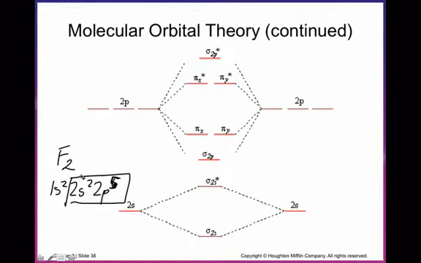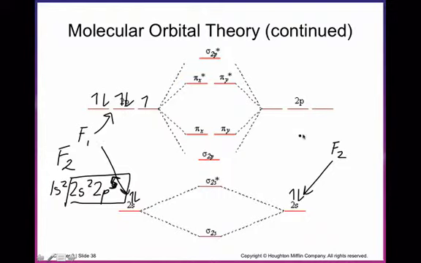So we know in the 2s, each fluorine, so this is like fluorine 1 and this is fluorine 2, each fluorine is going to give 2 electrons in the 2s. So those 2 electrons came from that fluorine. Those 2 electrons came from this fluorine. They're also going to give you 5 in the 2p.